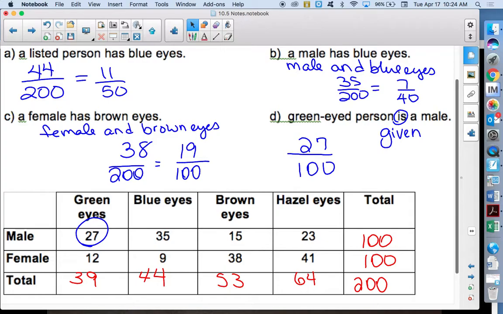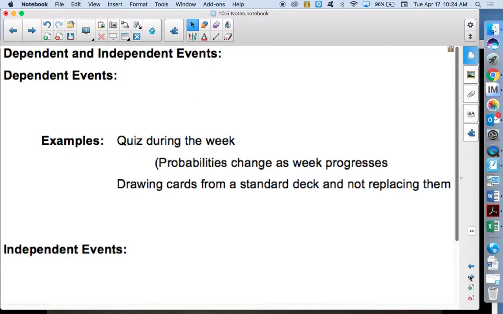So the very last thing that we're going to briefly talk about would be the difference between a dependent and an independent event. If something's dependent, what does that mean? It depends on others, you rely on something else.